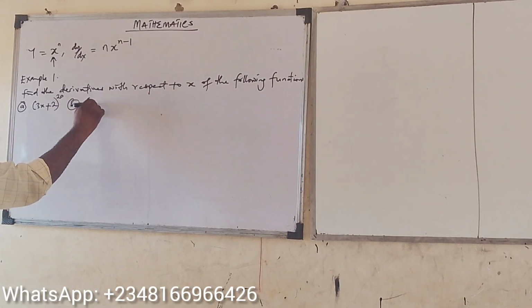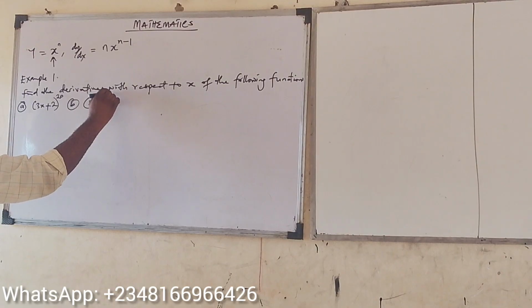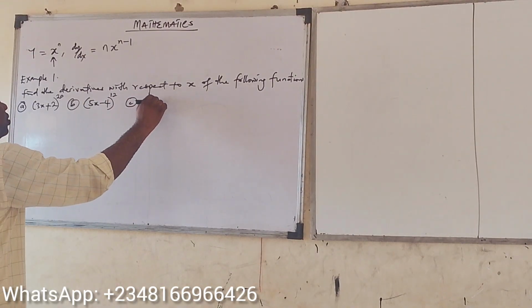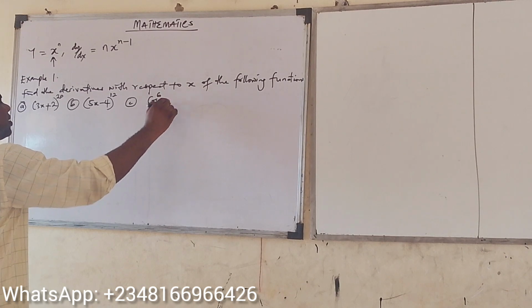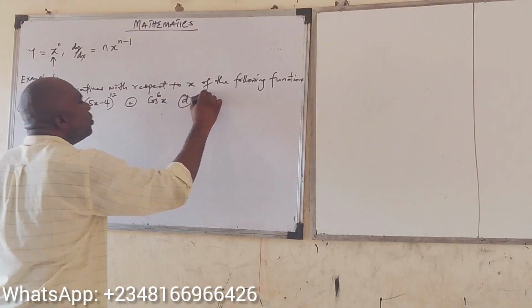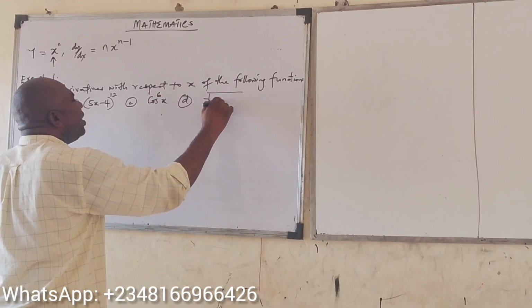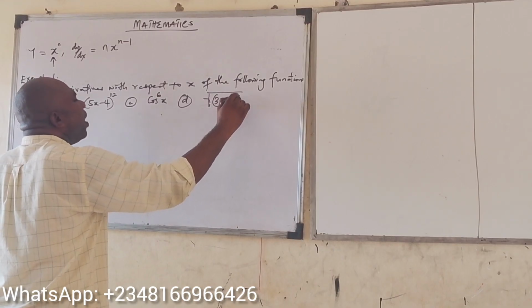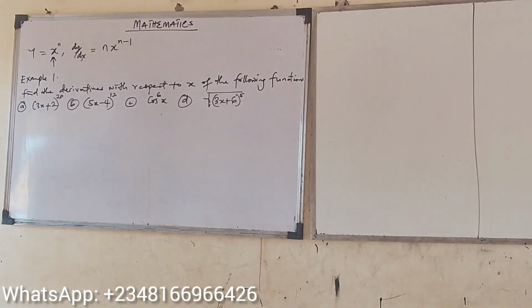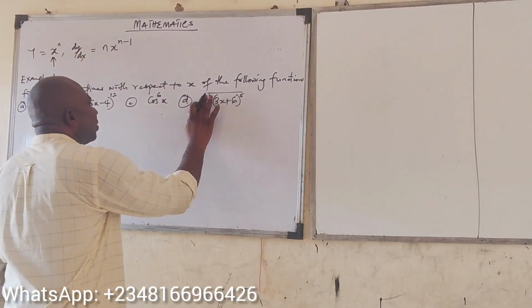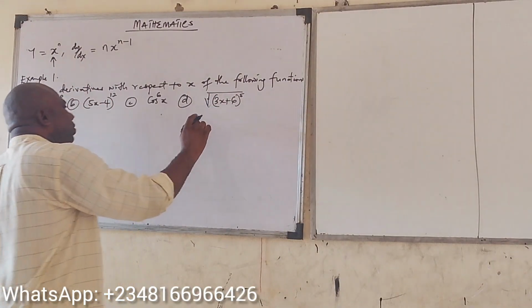B, we have 5x minus 4 raised to the power of 12. C, we have cos power 6x. D, we have the square root of 3x plus 6 all raised to the power of 5. Now all these are functions of x. Please note this is the square root of this function.